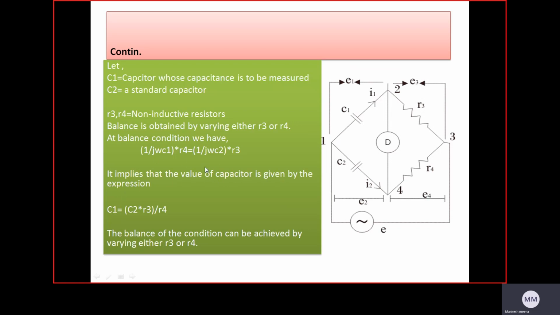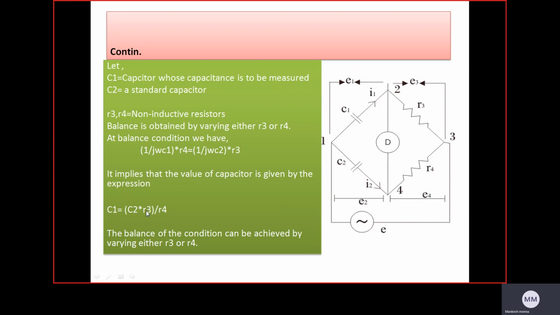Simplifying this equation, we get C1 equal to C2 multiplied by r3 upon r4. This is the expression for the capacitance of the unknown capacitor C1.